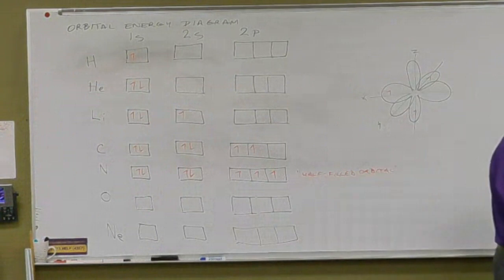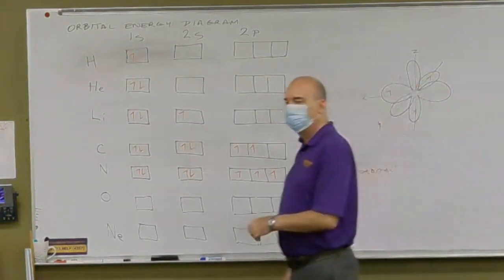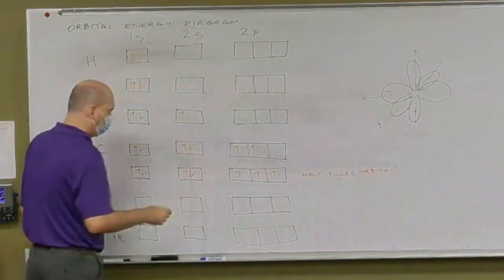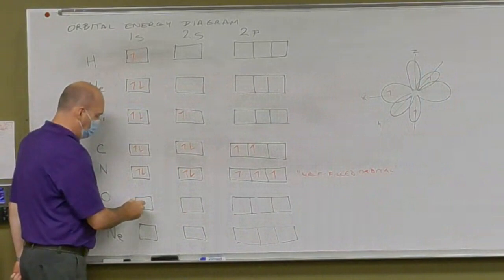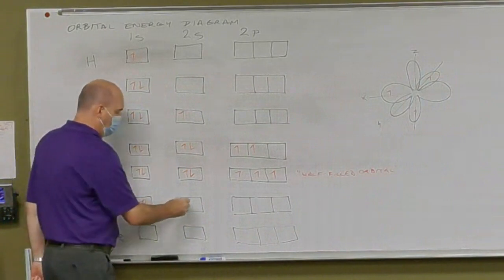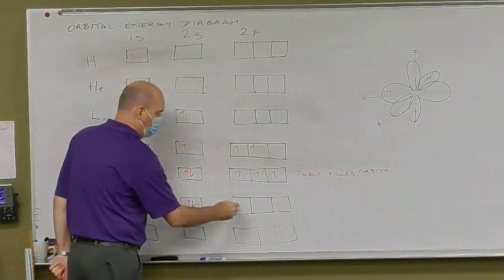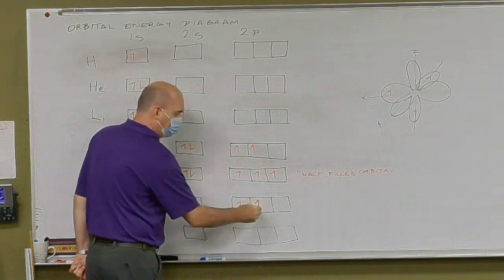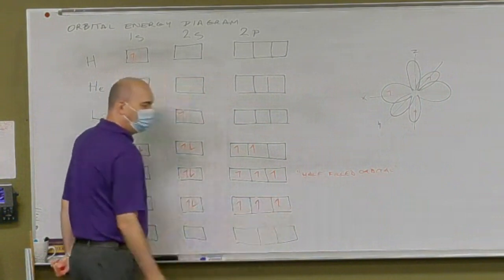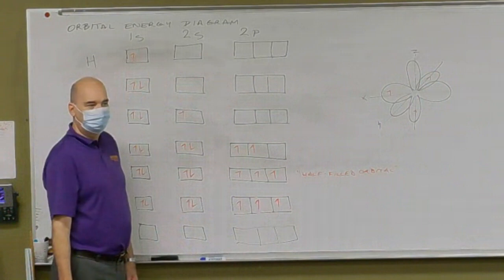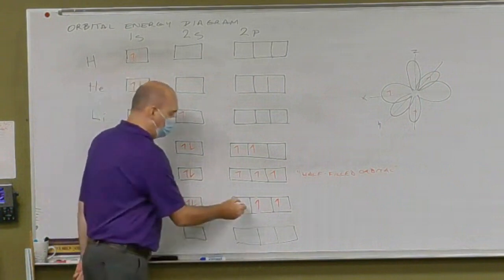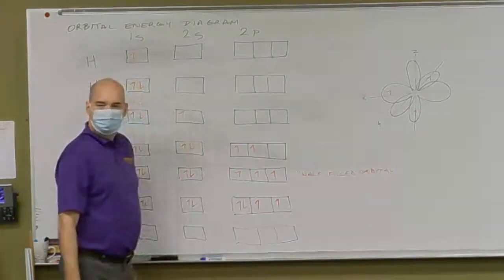Oxygen has a total of 8 electrons. 1, 2, 3, 4, 5, 6, 7, 8.